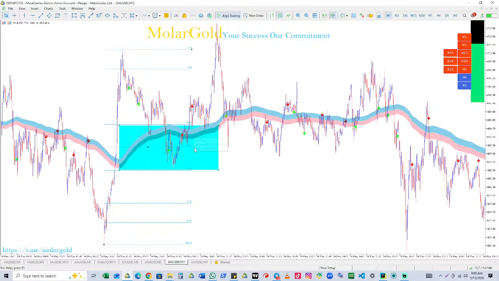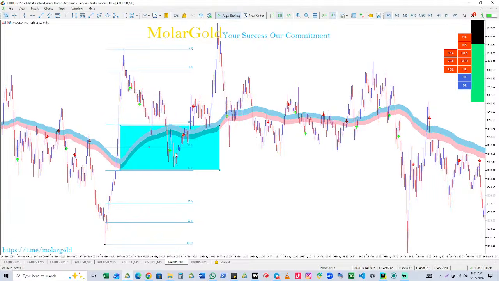So what happened? Then we have an arrow. This arrow means that this is what we call tap, tap, send. So it has to fly. But then we have another sell arrow. Remember, like I said, signal strength will guide you. If the signal strength is more, the buyers are more than the sellers, then it means that this arrow is likely to fail.